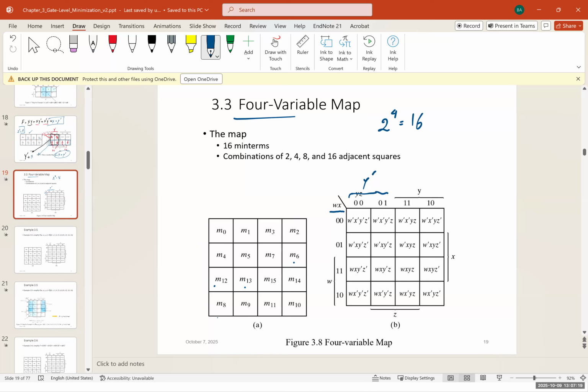The 2 columns in the middle would be Z, therefore the other 2 would be Z prime. The 2 rows at the bottom would be W, so the first 2 would be W prime. And the middle 2 rows are going to be X, therefore the other 2 rows are going to be X prime.